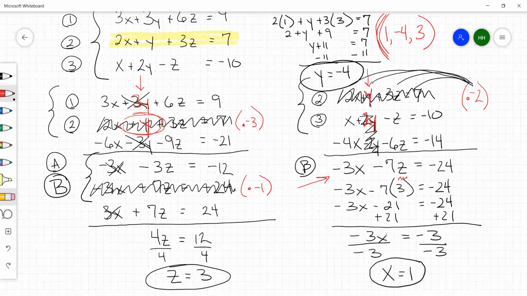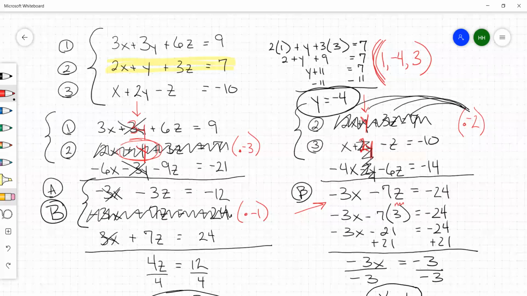Anybody else got a question? Okay, what I hope you're doing is understanding these concepts, and as you're working through these problems, you're getting neater with your work, more organized, and more careful, okay?